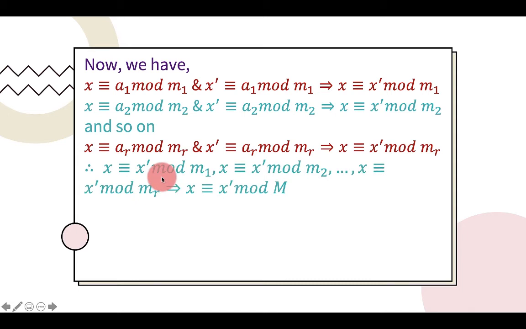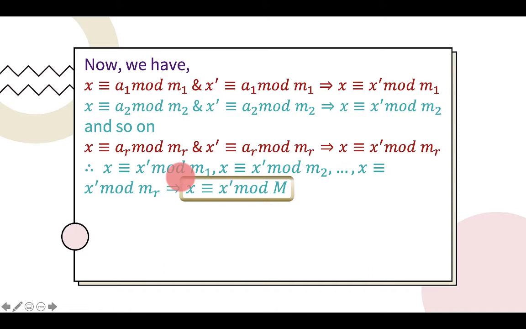Thus, we have a set of congruences: x congruent to x dash modulo m1, x congruent to x dash modulo m2, and so on, x congruent to x dash modulo mr. We can combine all these congruences to get the new relation x congruent to x dash modulo capital M, where capital M is the product of all these moduli.